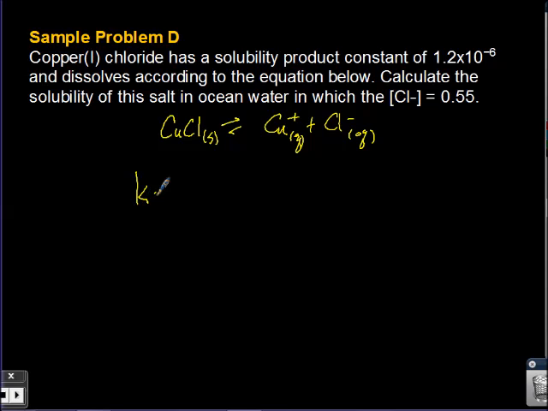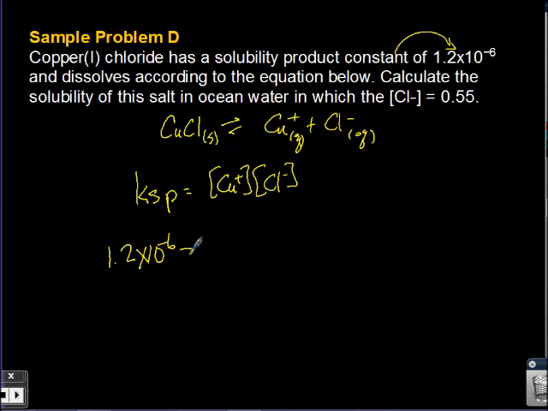I know the KSP expression would be Cu plus times Cl minus, and KSP is 1.2 times 10 to the negative 6th, because the constant equals that. And that's going to equal my Cu and my Cl.